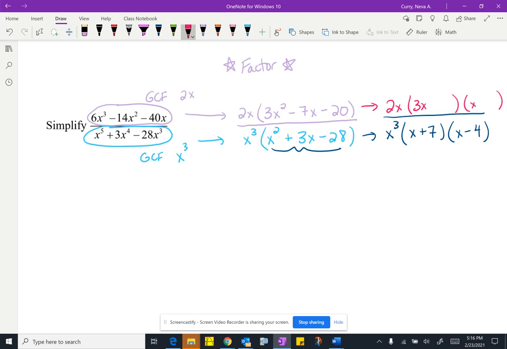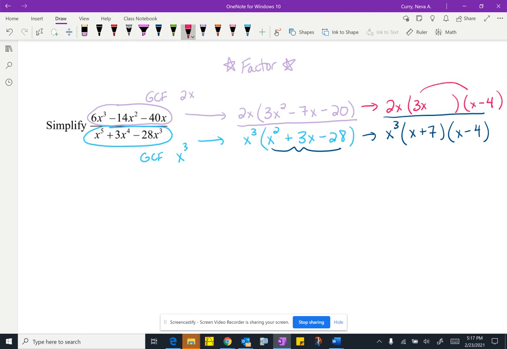Well, 7 doesn't divide into 20, but 4 does. So what if one of the factors was x minus 4? Sometimes what's great about simplifying is we know we probably want something to cancel, so we can find where it's easiest to factor, and then through guess and check, see if something else happens.